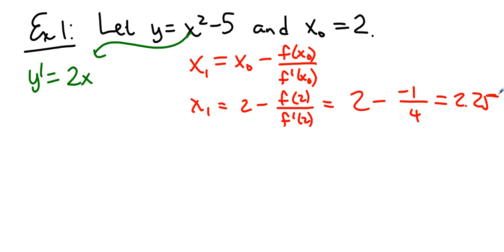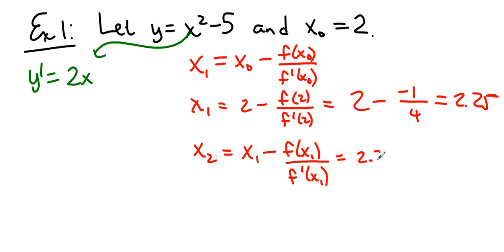So then we go, well, x2, that's x1 minus f of x1 over f prime of x1. So that's 2.25 minus f of 2.25 over f prime of 2.25.